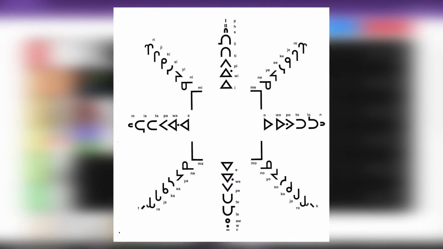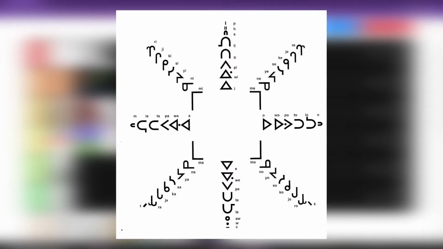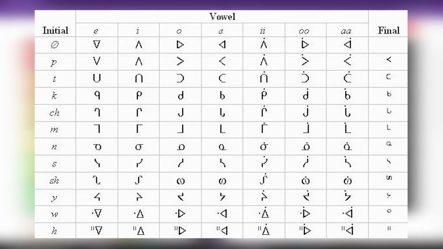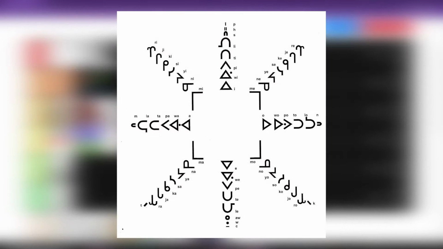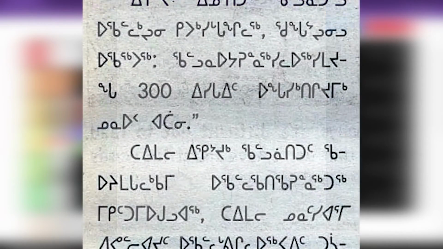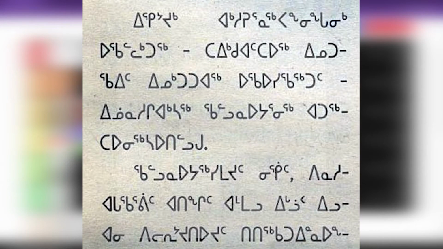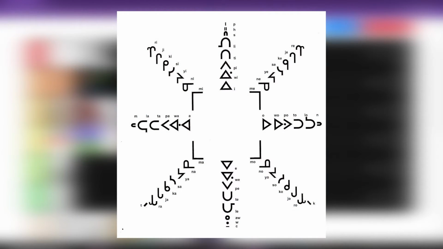The reason why I love this alphabet is, one, it uses the same system as Korean, where they have similar sounds for every consonant and vowel. Or I'm pretty sure they only use it for vowel, but that's still enough. But it looks really cool with the triangles, and it looks extremely cool and simple, which the Korean alphabet doesn't have.